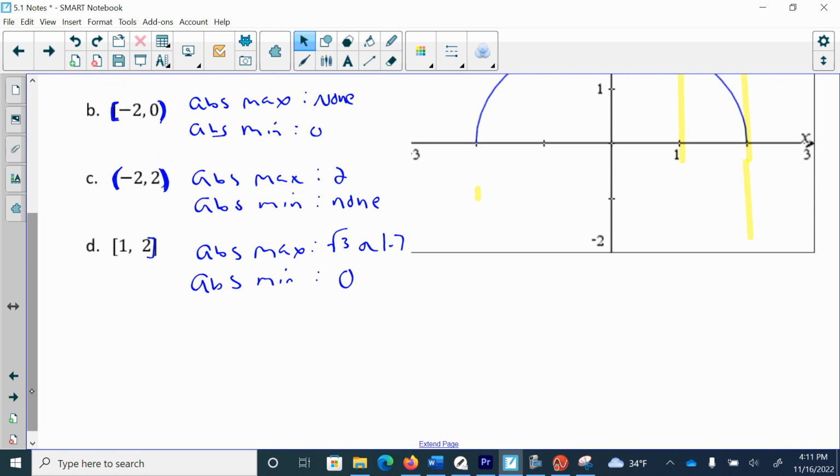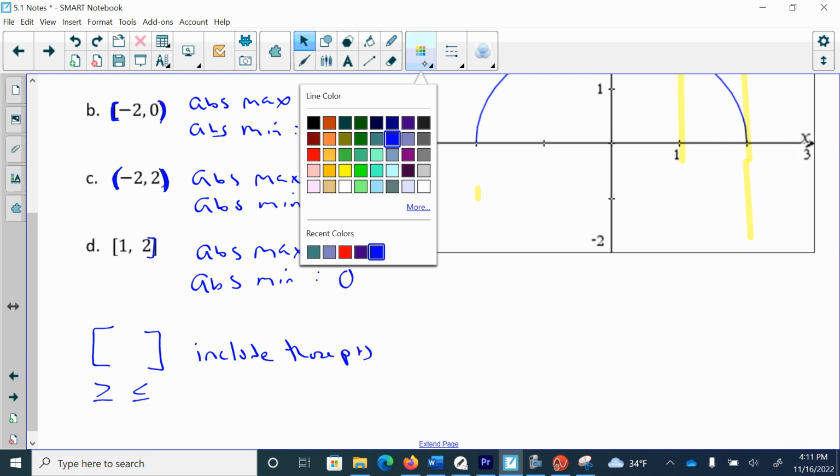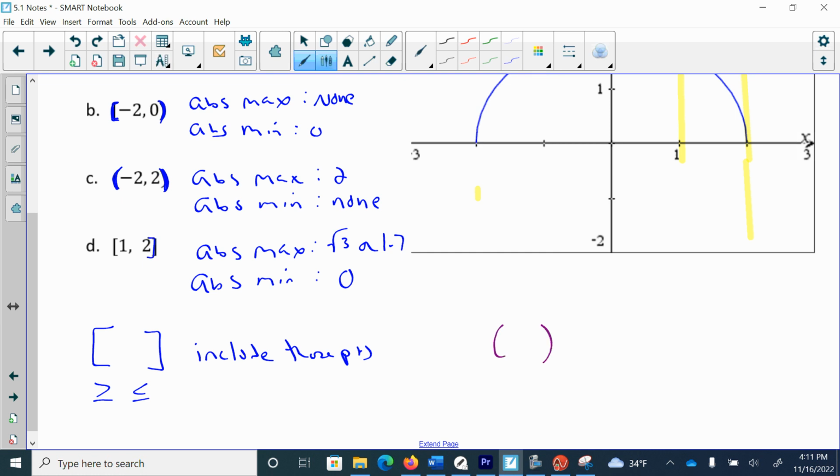So I guess a quick note is like if you have the brackets, remember that's less than or equal to, greater than or equal to, and that means you include those points. But if you have the parentheses, and we'll switch colors for this, that's just greater than or less than, and that would be an open, so I'm not including.